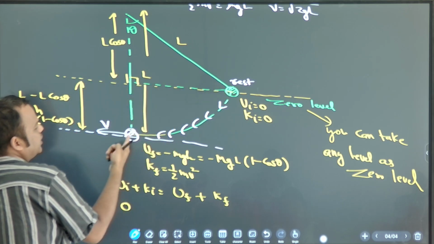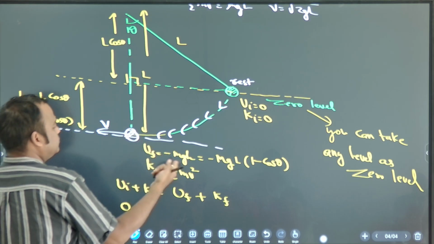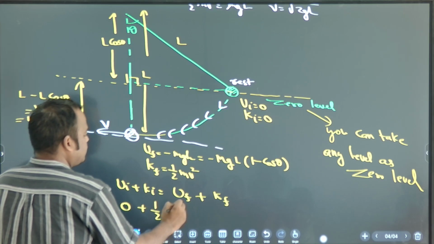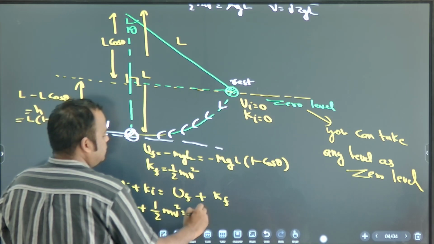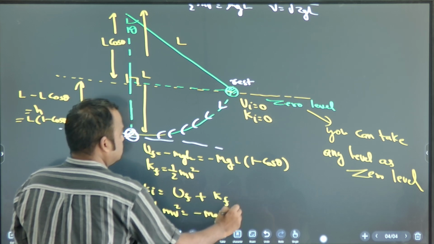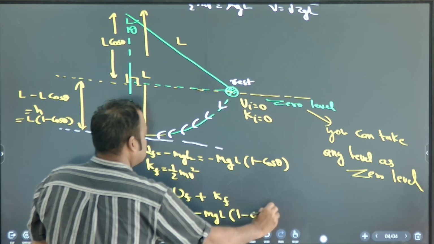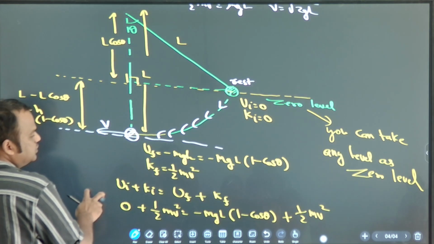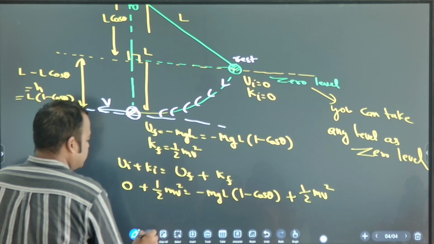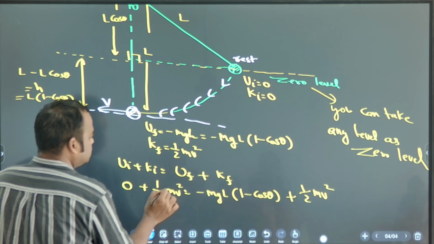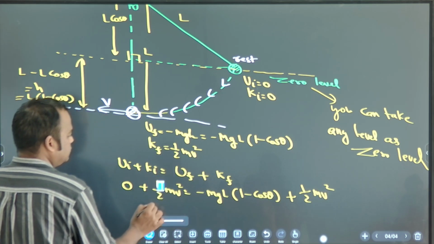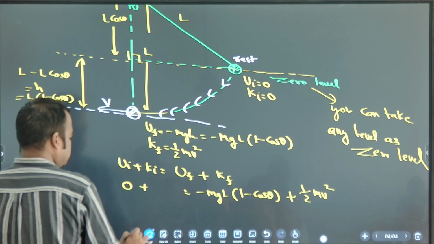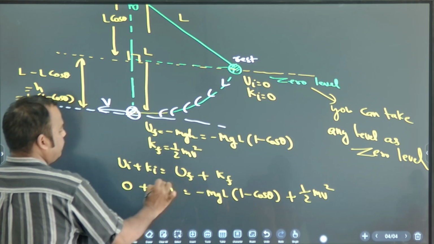So what is the potential here? Minus mgh. Okay, substitute. Sorry, K initial is 0.